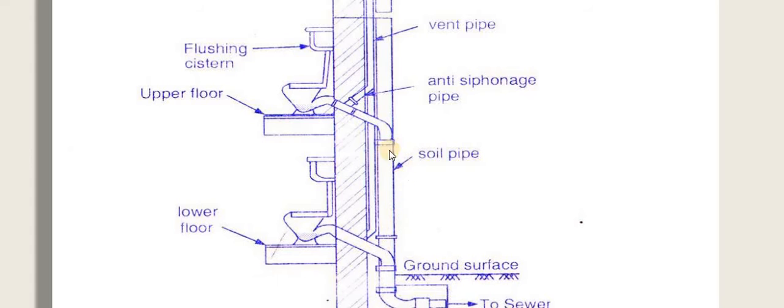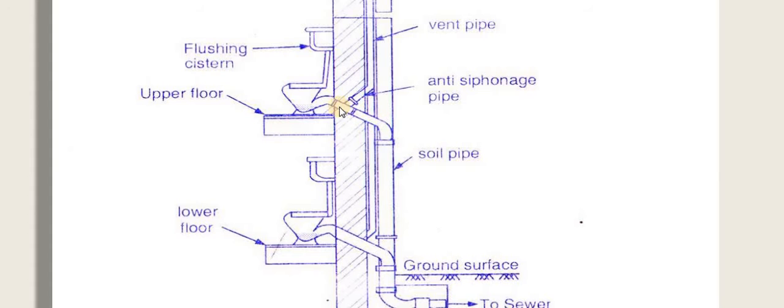This sucking of the air causes partial vacuum on the downstream side of the water seal of the lower WC. Means it will create a partial vacuum on the lower WC, and the pressure at the upstream side of the water seal is more, that is the atmospheric pressure, which forces the water up the trap and siphons it out in the branch.